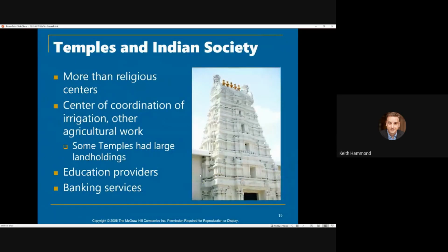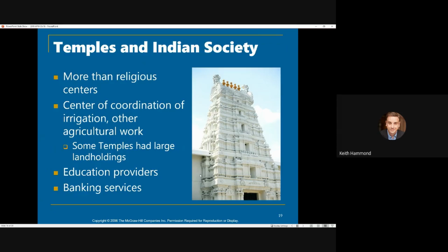The other thing that's interesting to note about this time is, I believe in heading 3, Ms. Hadi, I'm sure she'll do a great job of talking about more of the cultural and religious aspects here, but it's important to note that the temples are going to become more than just religious centers during this time. They're going to be a place where things can be organized, so they'll be the center of coordination of irrigation and other agricultural work. Some of the temples themselves are going to have large land holdings.